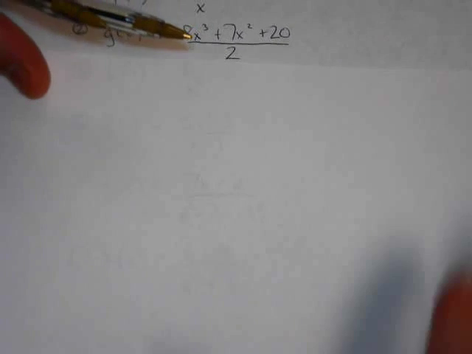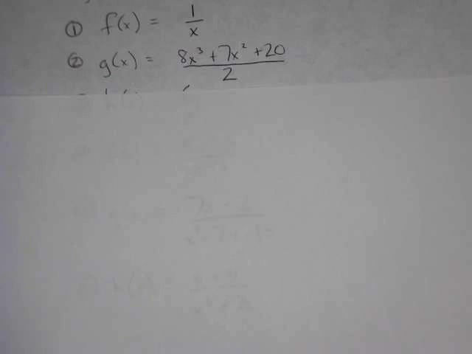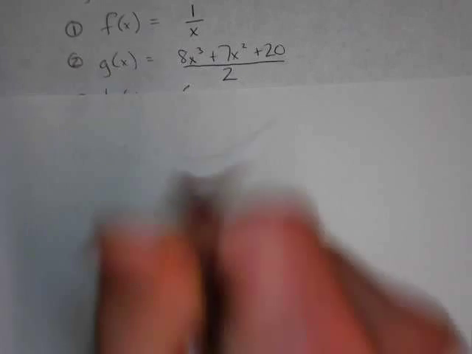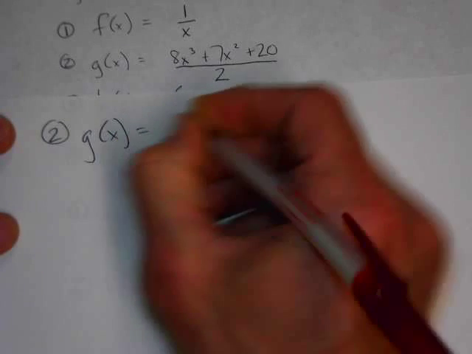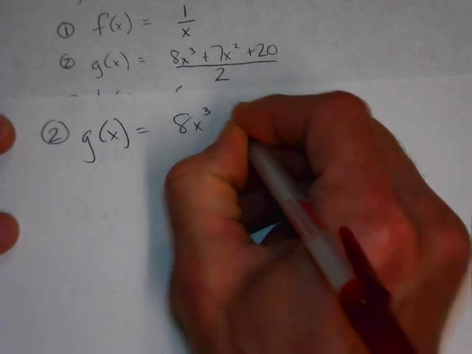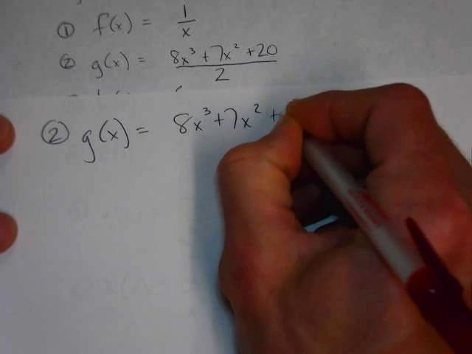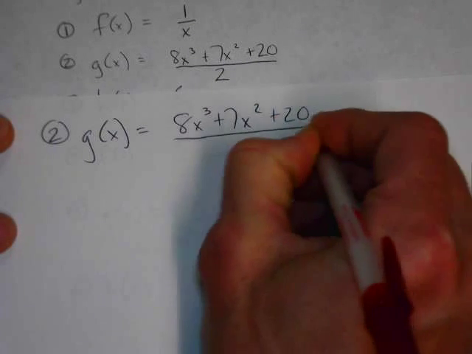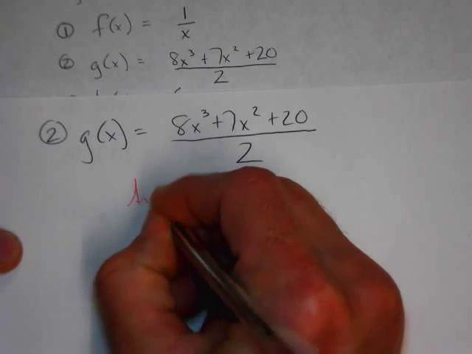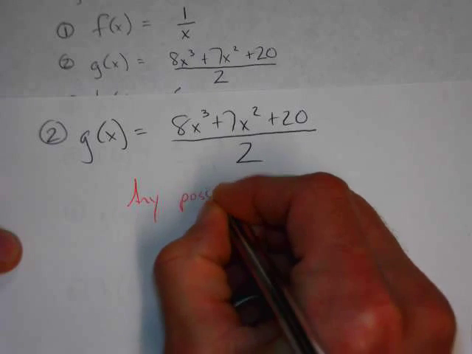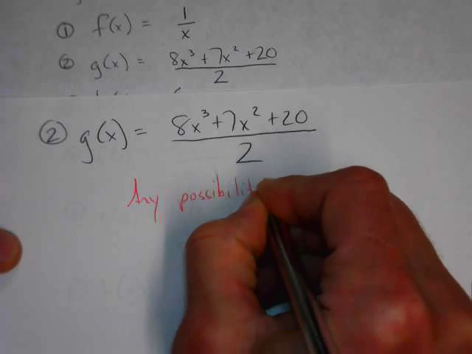So what is this all about? Remember what the domain restriction means: it's anything that would cause an undefined result. When we look at this crazy-looking polynomial with a fraction, we have to look for anything that would make the denominator 0. Is there any possibility of the denominator equaling 0?